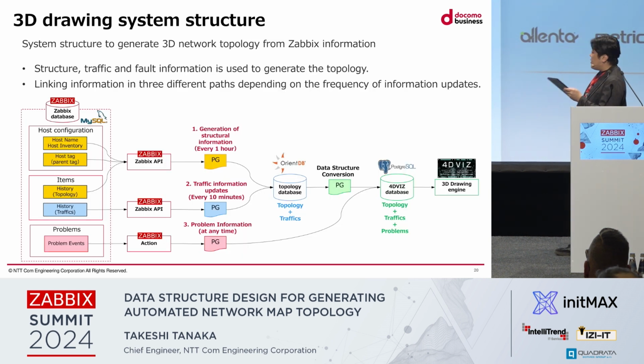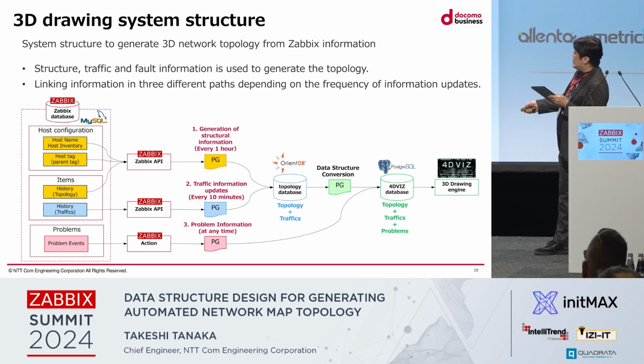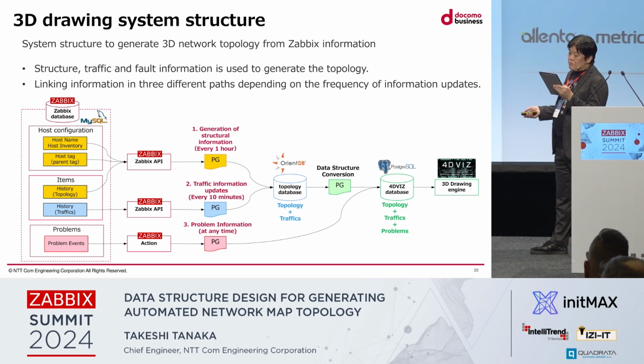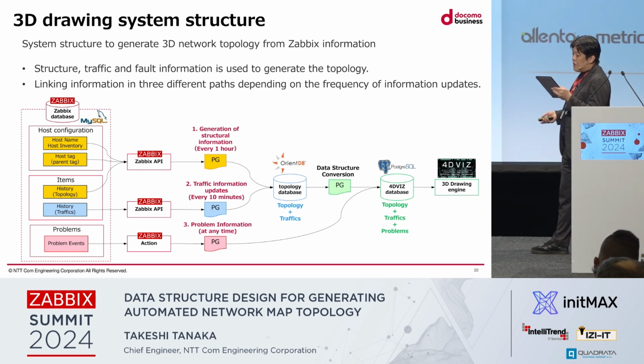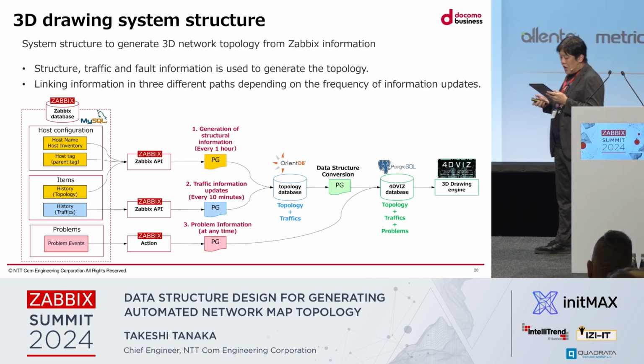The structure of the 3D drawing backend has 3 information paths. They establish a base of information to be read with timing differences. Network structure information is captured hourly.